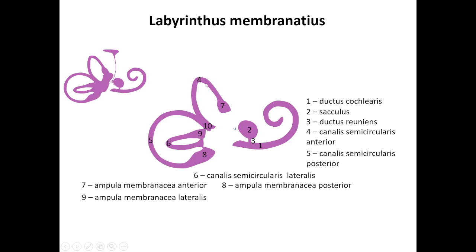But canalis semicircularis anterior, number 4, and posterior, number 5, connect together, forming number 10, crus membranaceum commune. That's why we have 5, but not 6 crura of semicircular canals.